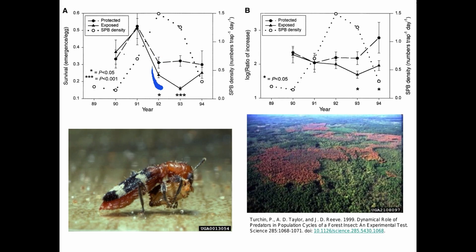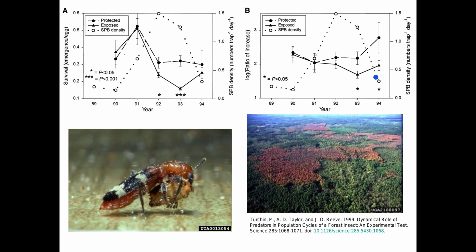And they speculated here, based on this observational study, that this high degree of mortality could be associated with these declines. Similarly, what they found is that the population rate of growth of the bark beetles was highest on trees where the predators were excluded compared to where the predators were allowed to have access to them.